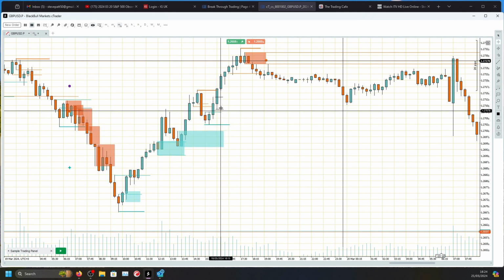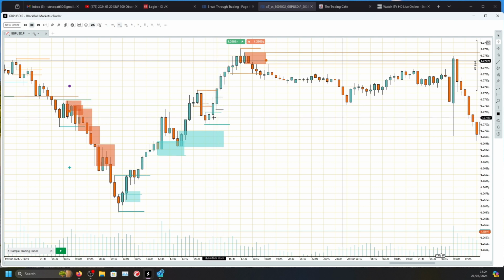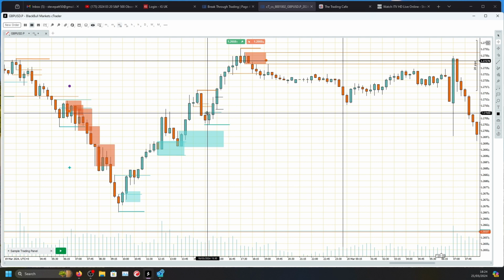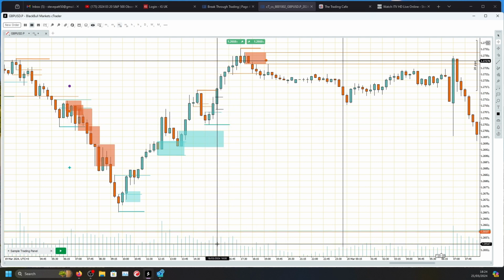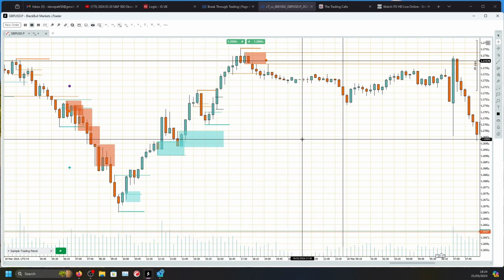If anything, you see price pushes out, comes back, doesn't quite get to the top of these candles. So I didn't go long there, and this was interesting as well.